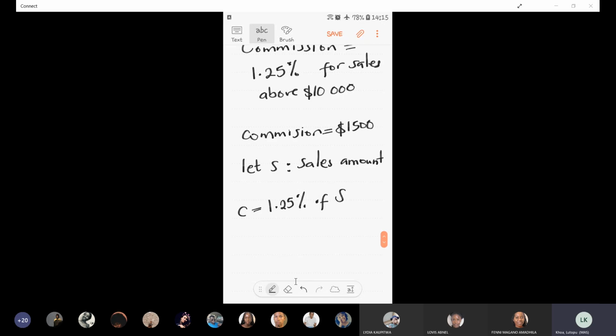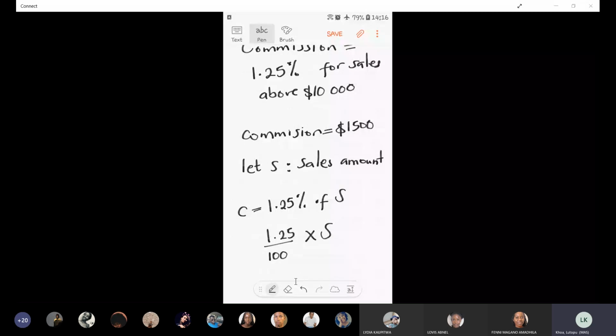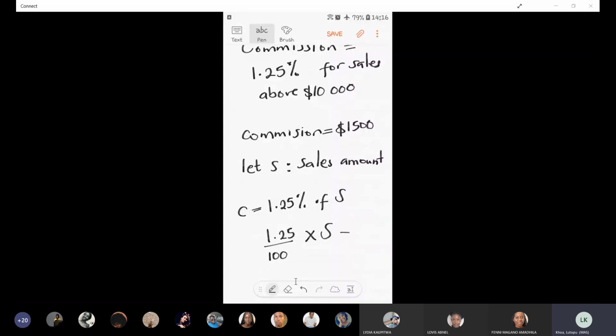And then we can rewrite this 1.25%. This is 1.25 over 100. Of in mathematics means times, so we multiply this by S. And we say that we want a commission of at least 1,500. So at least 1,500, that means we want this to be greater than or equal to 1,500.